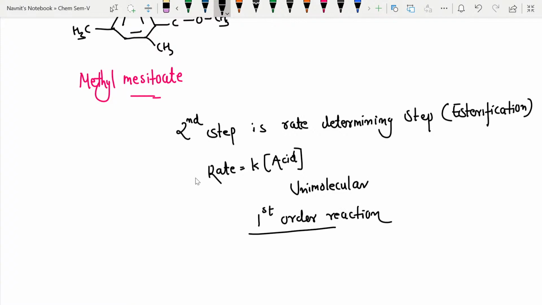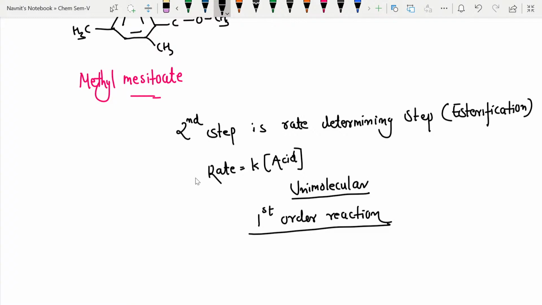It is experimentally determined that esterification is a first order reaction, and molecularity is a theoretical concept. In the case of a complex reaction, we have to see the rate determining step. If one species is involved in the rate determining step, it is referred to as a unimolecular reaction.